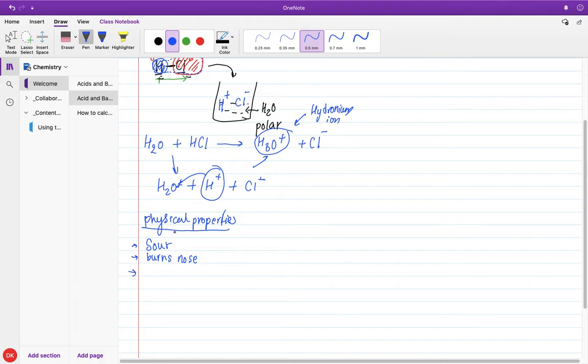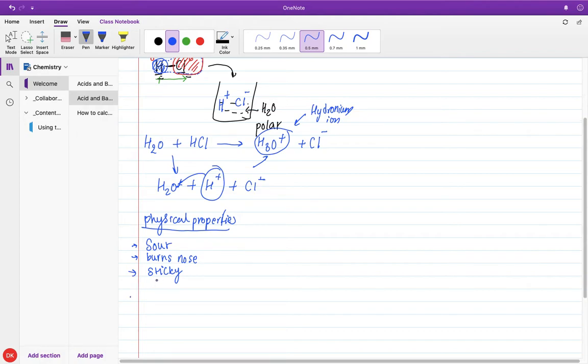That's because we have hydrochloric acid in our tummy, and when you have too much acidic food, you tend to get that smell when you burp. If you touch acid, it will feel sticky. So those are your three physical properties.